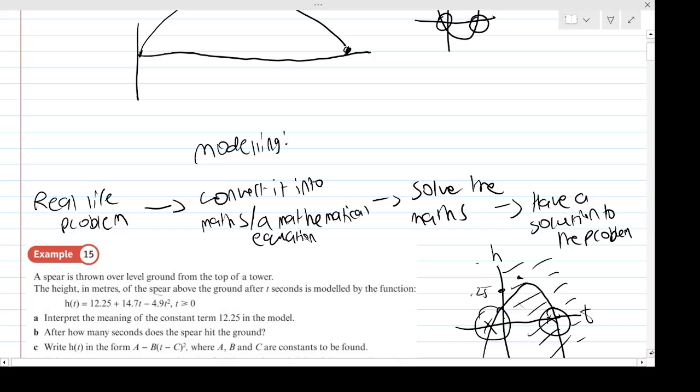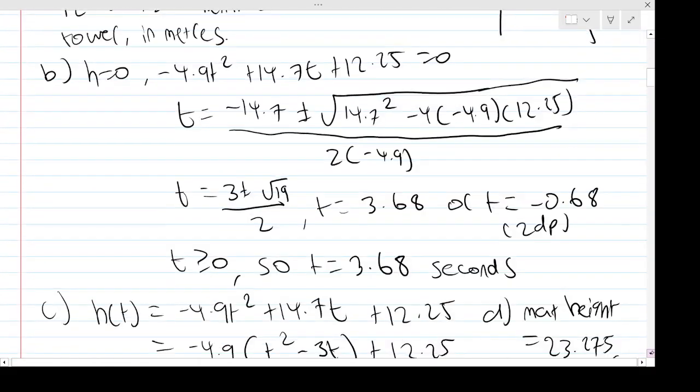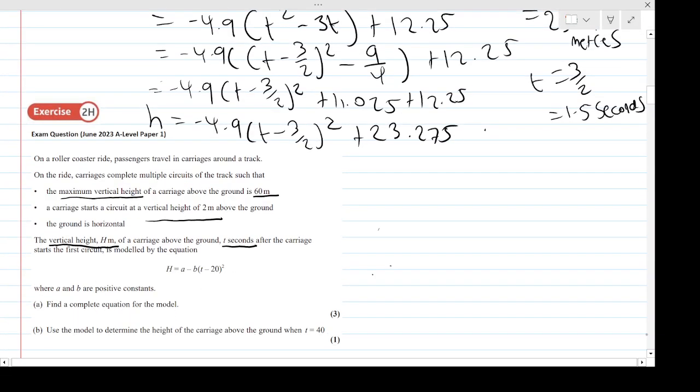Well, in this case, we need to find the equation first before we work with it. Unlike the first question where we got given the equation, here we need to find the missing bits to get the equation. Okay, and this is where this data is going to help us. So we're given some information about the roller coaster, and we need to use that to work out A and B. Okay, so what's going on here?